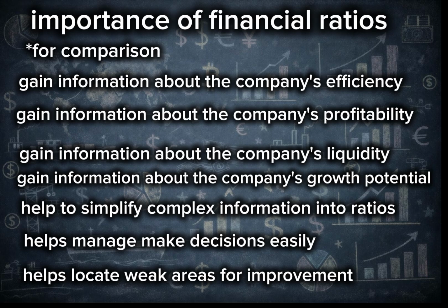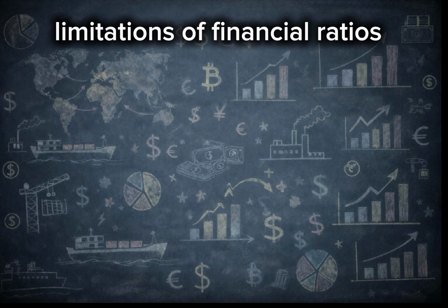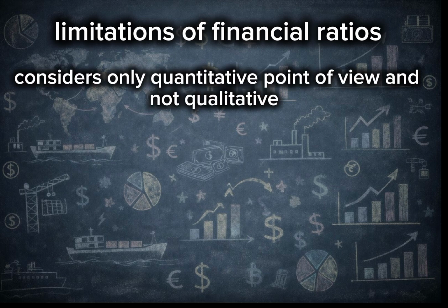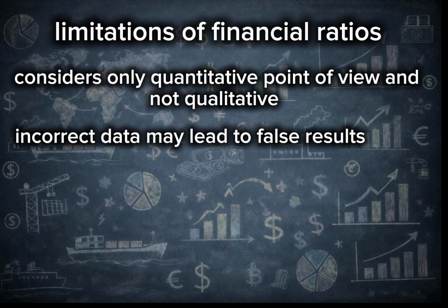What are the limitations? These ratios are mathematical, that is, they are quantitative, which means they do not really take the qualitative point of view into consideration. Also, if you use incorrect accounting data to calculate your ratios, you will get a false result.